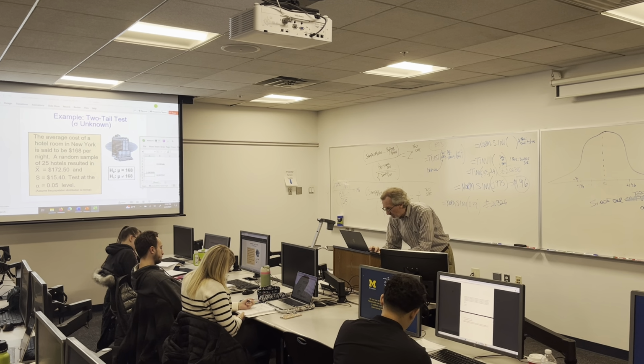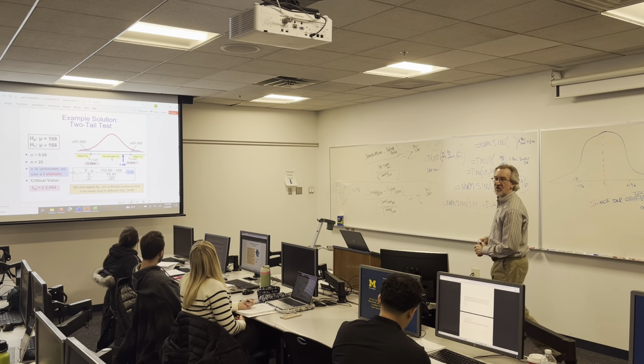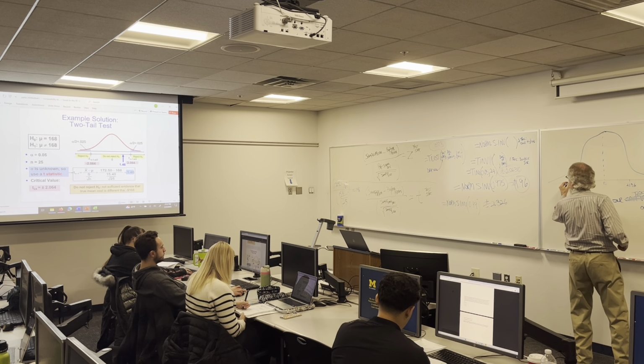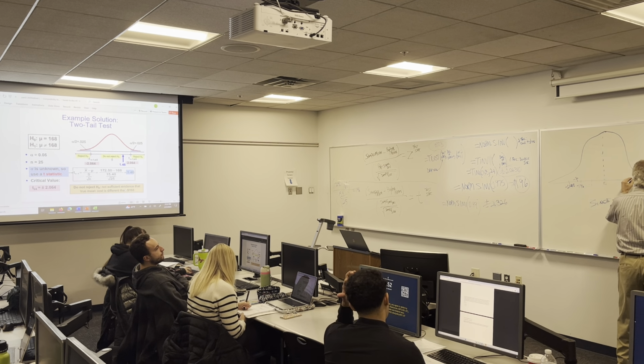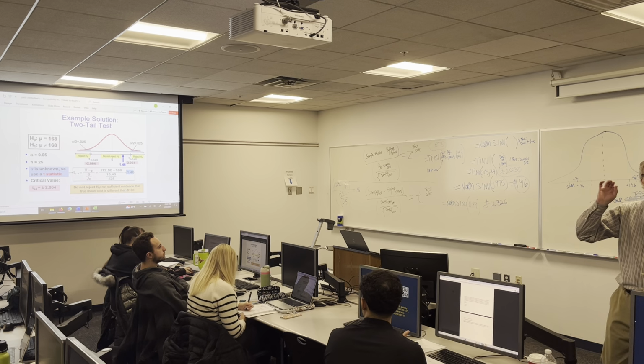Let's go back to our test statistic, 1.46. Think of the number line. Plus and minus, we're way out here. This is negative 2.0638. This over here is positive 2.0638. Our test statistic is 1.46.